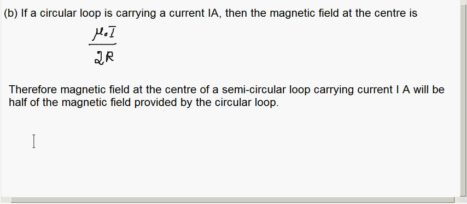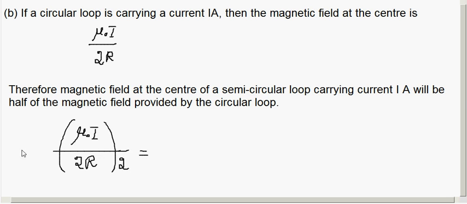So in this case it is mu naught I divided by 2r into half.